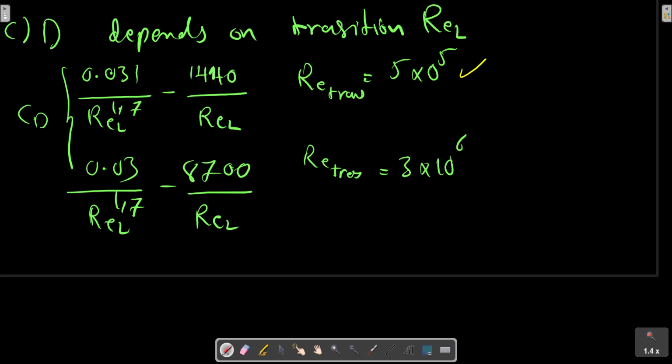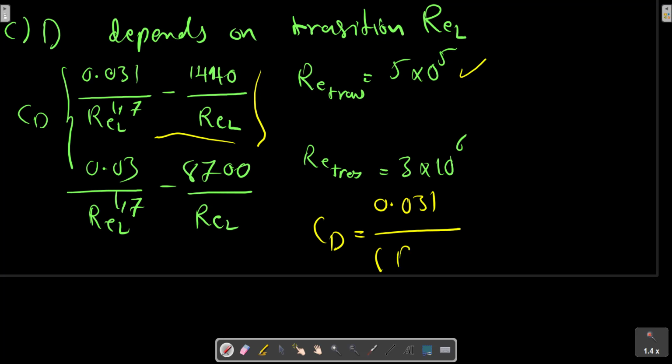So we are going to continue our calculation with this formulation. So we can calculate drag based on the Reynolds L, which was calculated before. In this case, the Reynolds number can be calculated. The drag is calculated as follows.